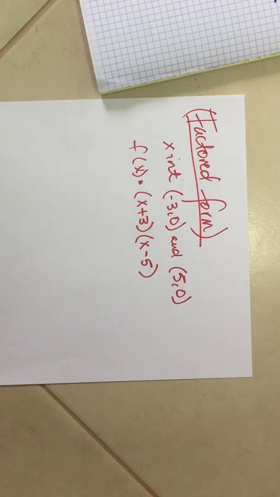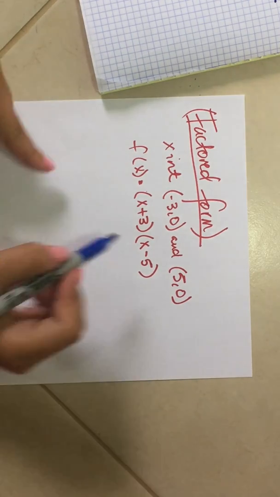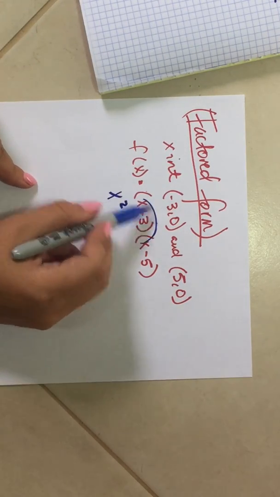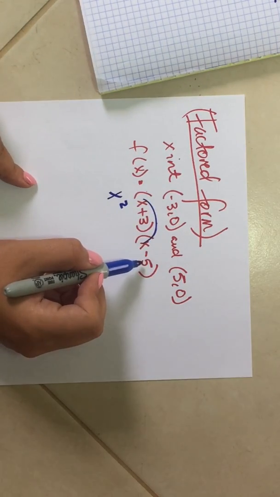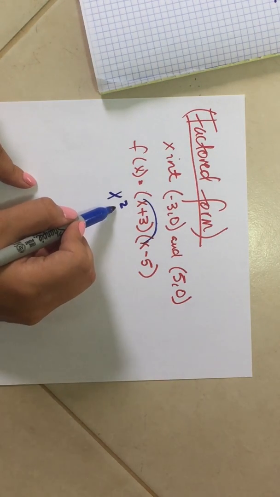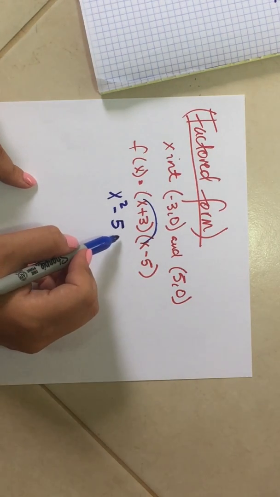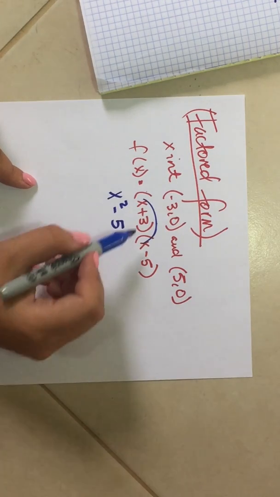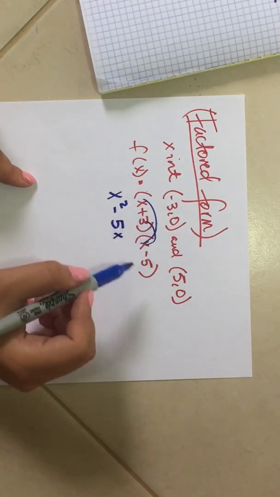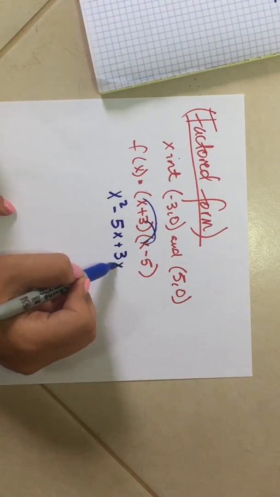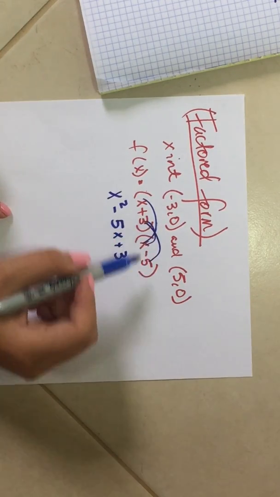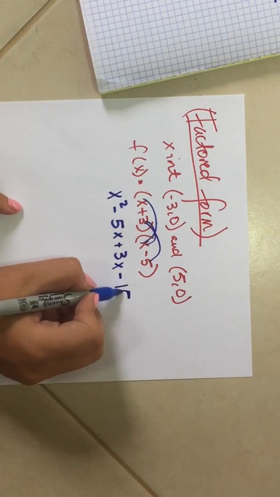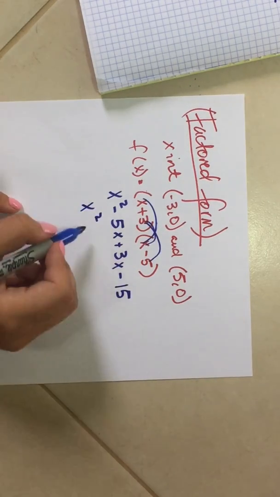So let's do it in another color. x times x is x squared, x times negative 5 is negative 5x, and then we do 3 times x, plus 3x, and then we do 3 times negative 5, which is negative 15, and we also can still simplify that.